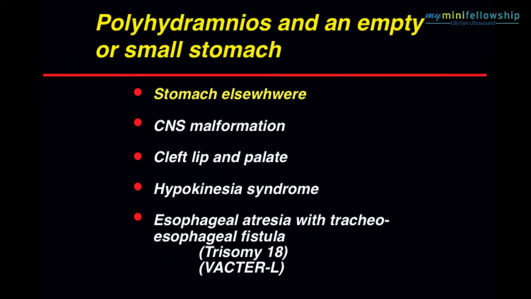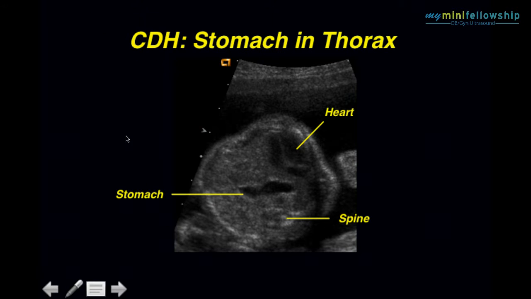When I see a case of polyhydramnios and an empty stomach or small stomach, my first thought is the stomach is somewhere else, not empty. And where is it going to be? It's going to be up in the fetus's chest. So this will be a congenital diaphragmatic hernia with the stomach not where we anticipate seeing, but up in the thorax.